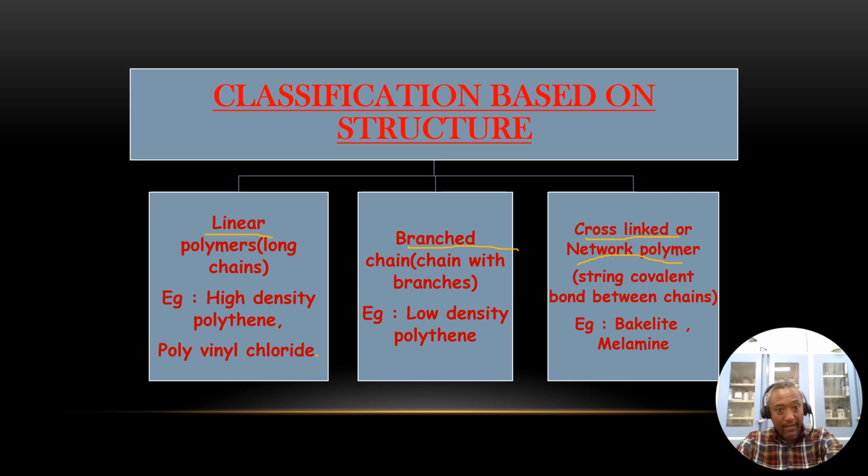Polymers of long chain. For example, high density polyethylene and polyvinyl chloride are considered linear polymers, whereas the branched type includes low density polyethylene, and cross-linked examples, bakelite and melamine, are considered cross-linked polymers.